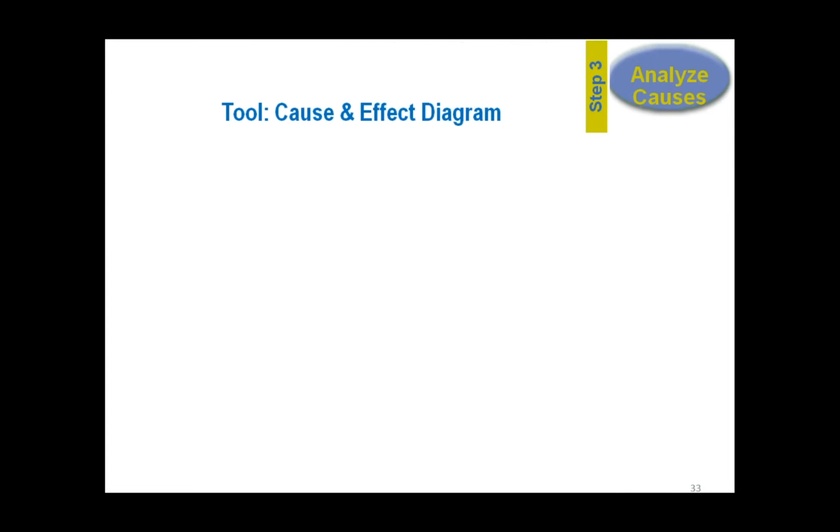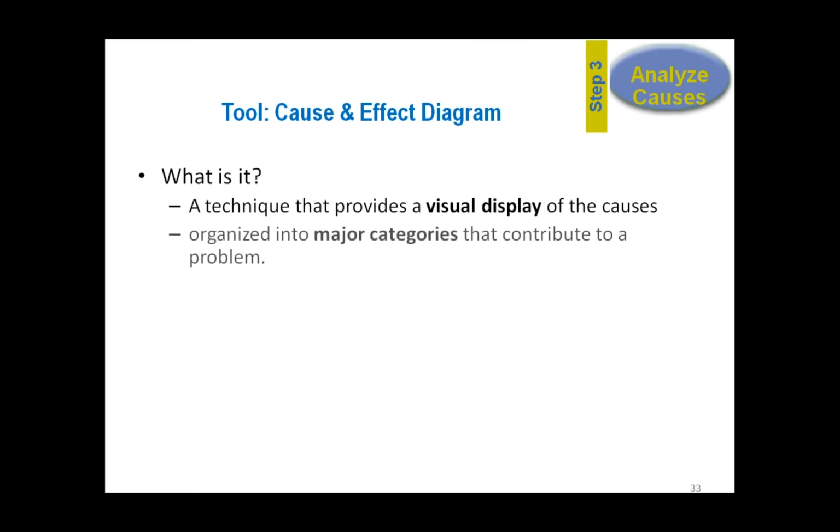One critical tool is the cause and effect diagram. It's also called the fishbone or Ishikawa diagram, which again, a lot of emphasis in Six Sigma is laid on visual display of information, pictorial representation. So it helps everyone to appreciate the problem meaningfully.